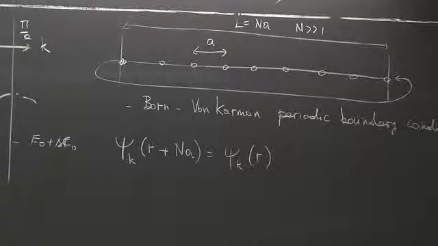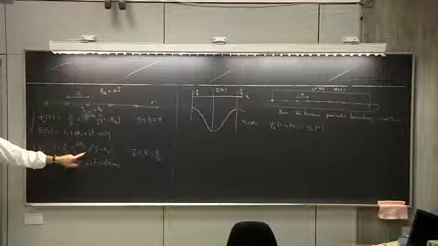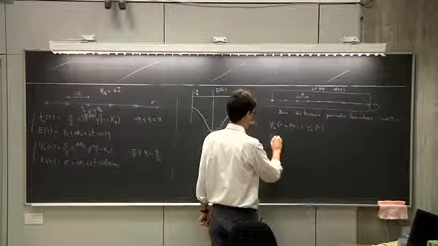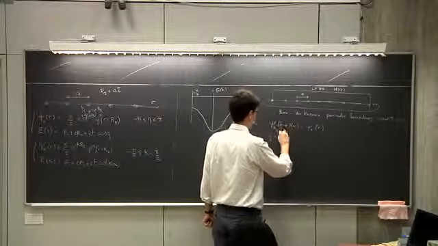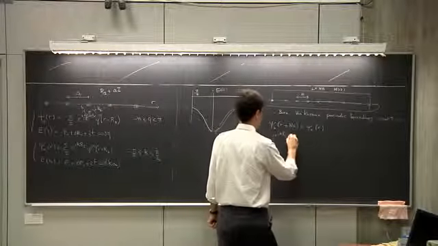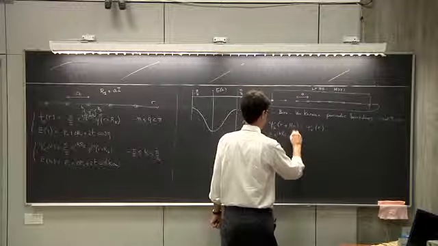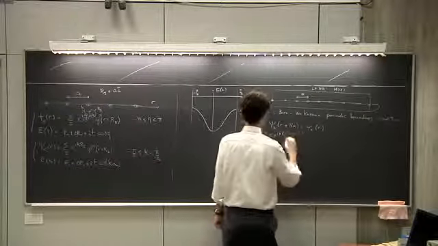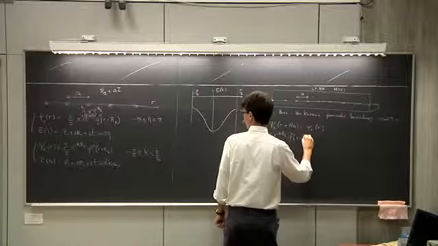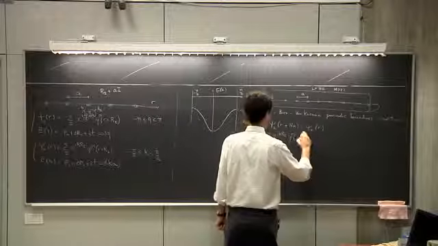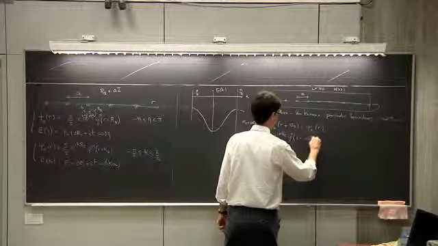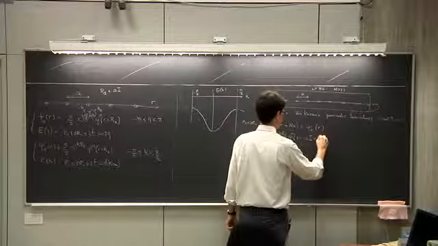Okay, so let me explicitly impose this onto these functions. So we have the sum over i of e^{ikR_i} phi_0(r - R_i). Let me write that as a_i plus Na.